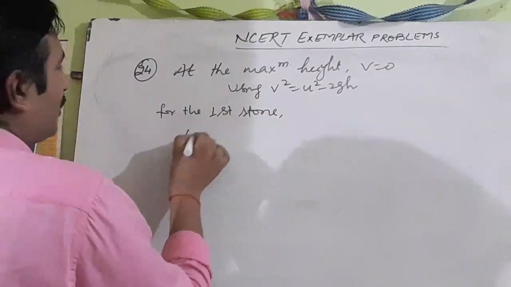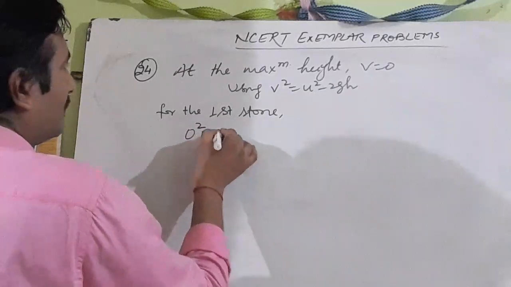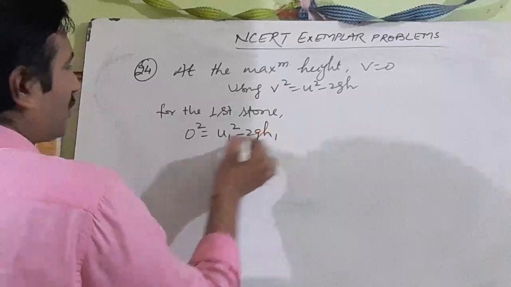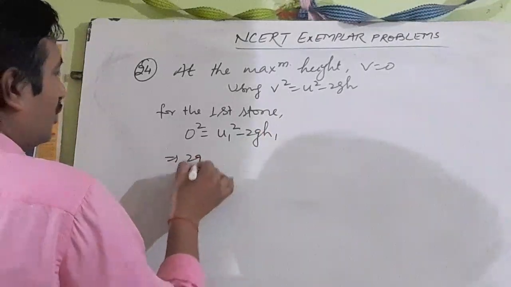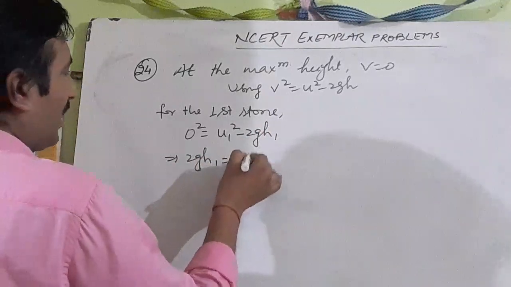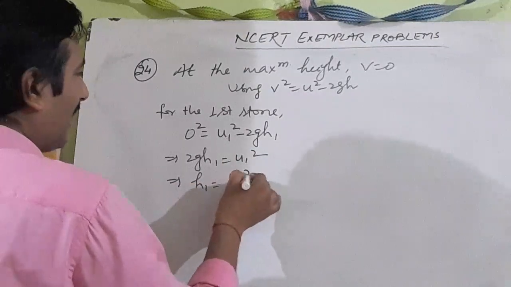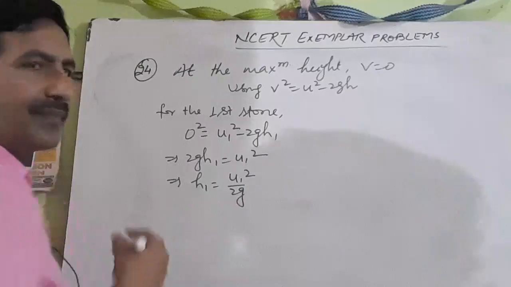You see V is 0, 0 square. U is U1. U1 square minus 2g H1. From here 2g H1 is equal to U1 square. So H1 is equal to U1 square by 2g.